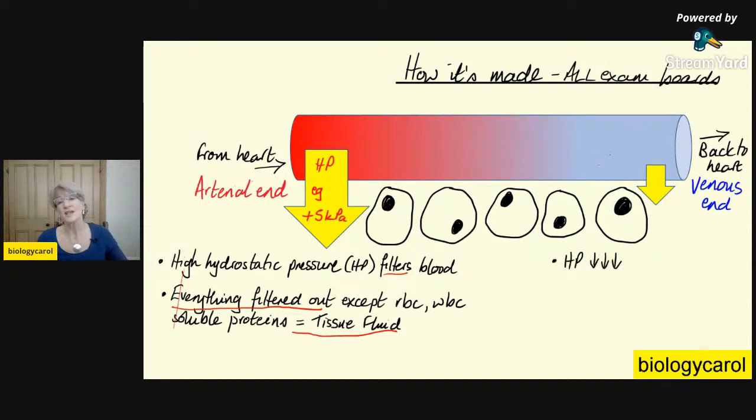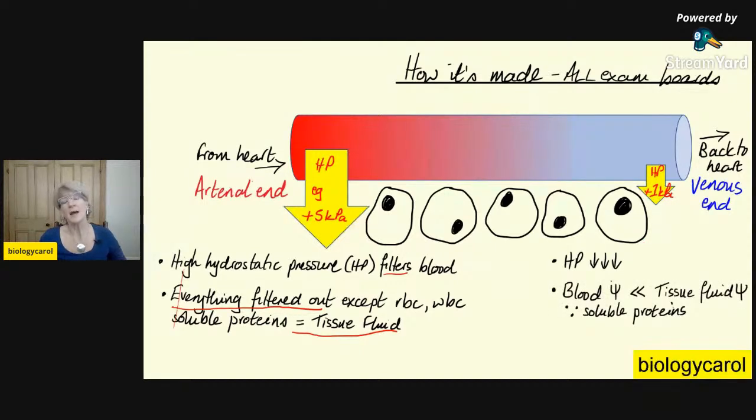Now, at the venous end of the capillary, the hydrostatic pressure is hugely decreased. So the hydrostatic pressure here might be, for example, plus 1 kilopascal, relatively small. But here, importantly, the blood water potential is far less than the tissue fluid water potential, because of all of those soluble proteins that are still in the blood.